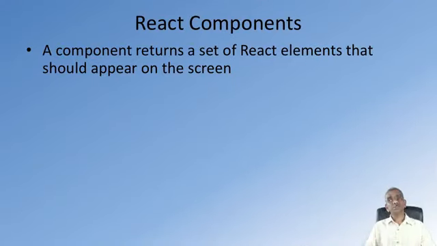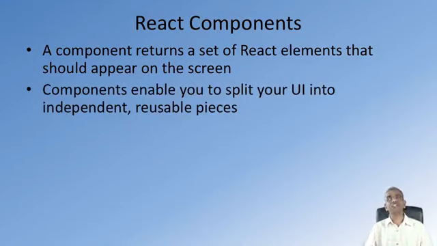We can look at a component as a unit that returns a group of React elements that together render a part of the screen. So the component acts as a unit for gathering together a bunch of React elements with a common purpose. Now, the use of React components enables us to split the user interface into multiple independent reusable pieces.